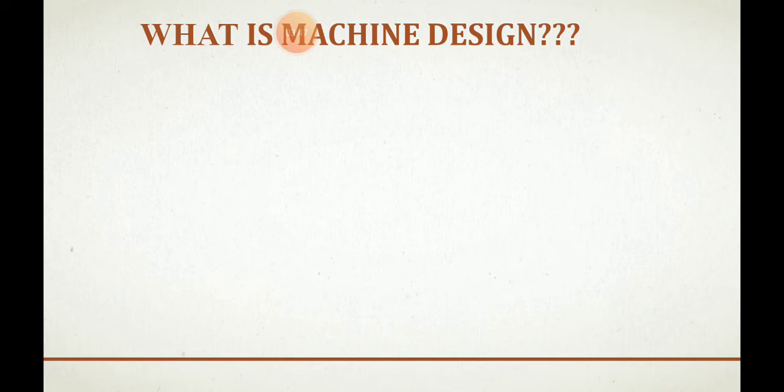Machine design is the subject which deals with planning: what exactly is inside your mind, what you want to produce, which kind of product you want to develop. Once you have a plan, you can actually work on it. That is what we call construction. And once you construct it, we analyze it.